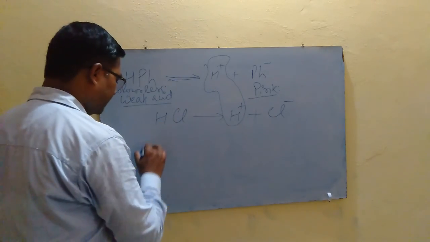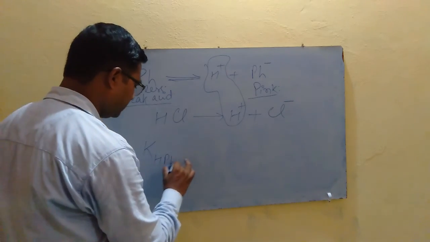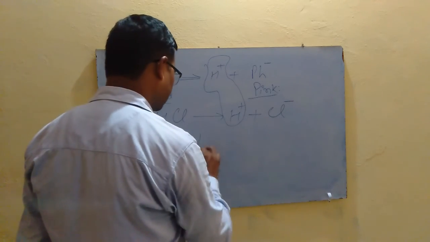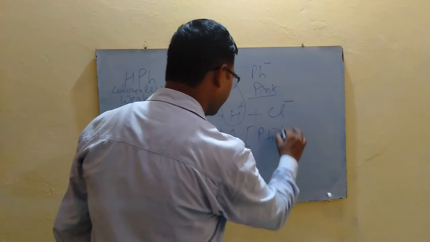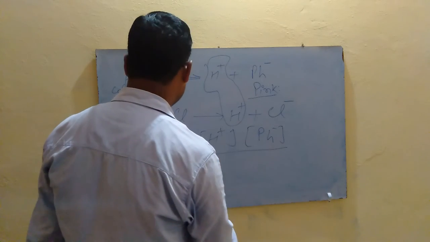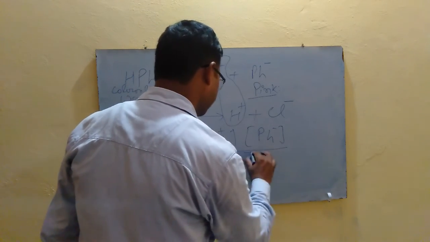So we can calculate the dissociation constant for HPh, and that will be equal to the concentration of H plus ion in the solution and concentration of Ph minus ion upon concentration of unionized molecule of phenolphthalein, that is HPh.